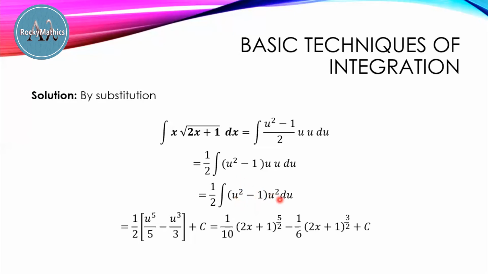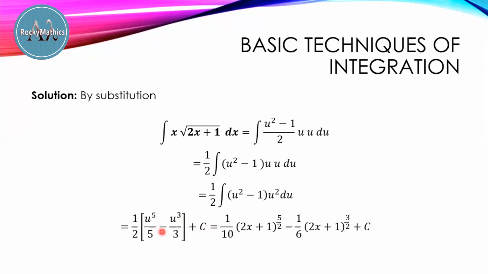Then u squared times negative 1, we have minus u squared. So by expanding this expression, we have the integral of u raised to 4 minus u squared. Now, getting the integral of u raised to 4 minus u squared, we have u raised to 5 over 5 minus u raised to 3 over 3, plus c, right?